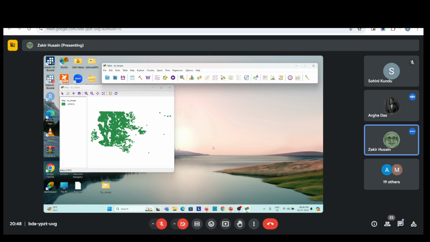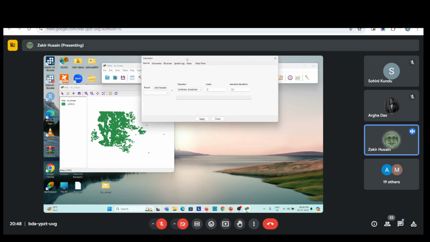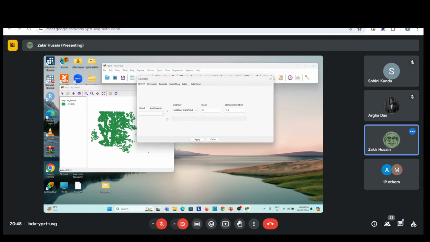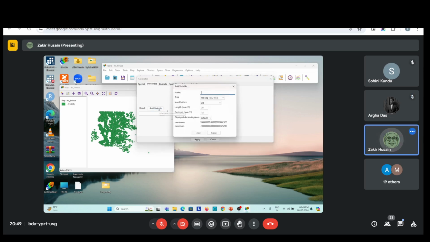Sir, can we do it from the calculator in the table? Okay, so we go to table, calculator, then univariate. Very good. So we add a variable.